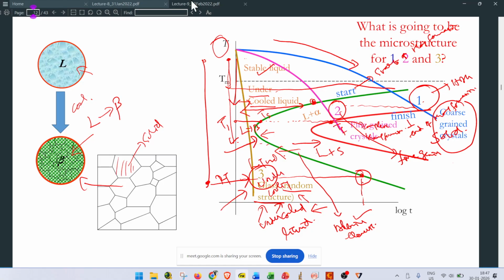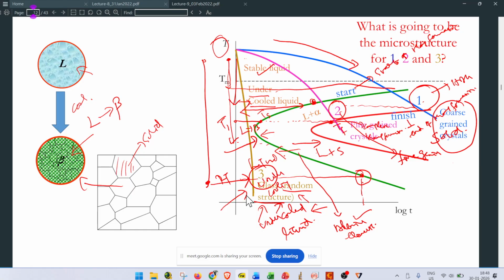If I give much faster cooling, it is not even going to touch this C curve. That means there is not enough time to form the alpha phase, so it forms as a martensitic phase. So you understand all the differences: coarser grains, finer grains, and martensitic phase.